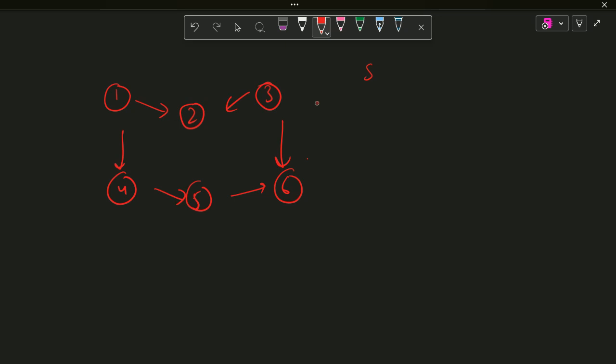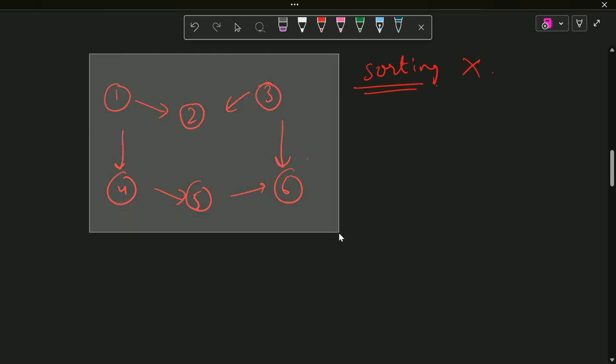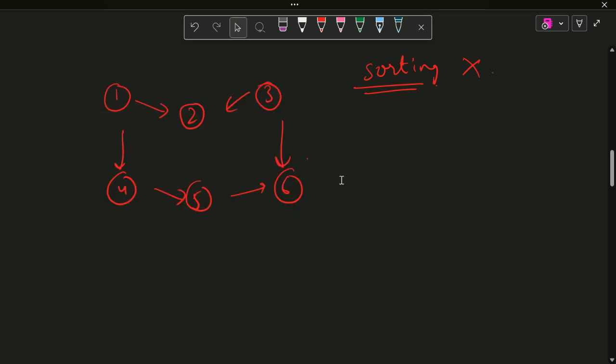It is not a sorting algorithm, but it is used to find out if one thing is depending on another. To solve the problem, we use topological sort, similar to BFS and DFS, for traversing the graph.